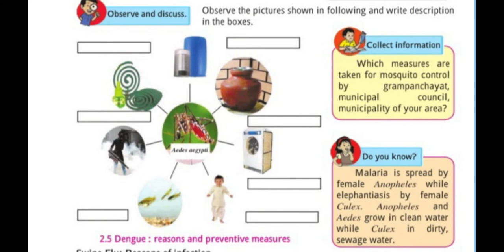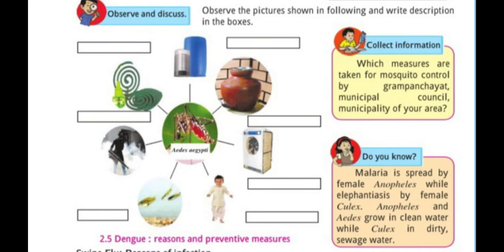Preventive measures: the gram panchayat, municipal council or local corporation sprays a powder in the rainy season to prevent such breeding places of mosquitoes.